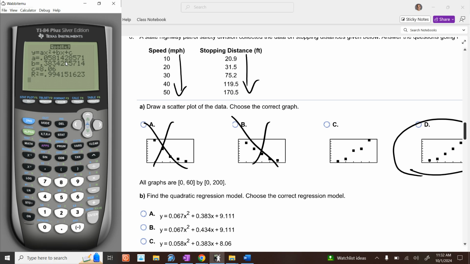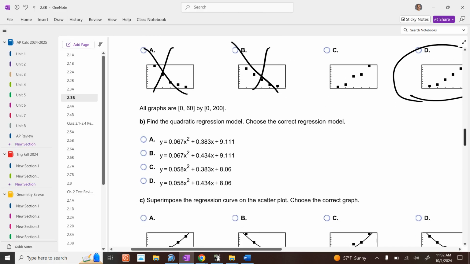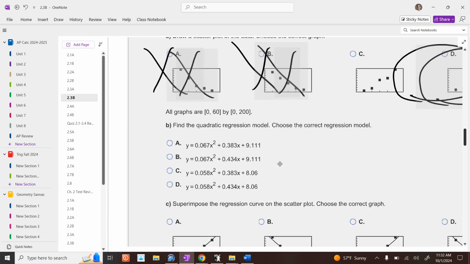And if we go to y equals, there's our regression equation. 0.058 something something plus x squared plus 0.383 something plus 0.806. So over here, it would be choice C.